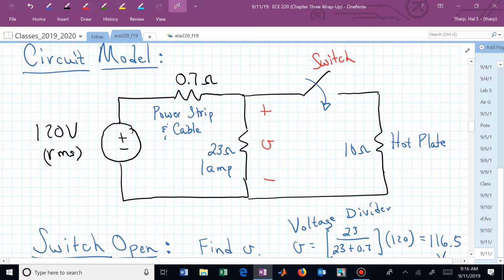But we could also say, if V is now less, what's the voltage drop across that power strip and cable when the switch is open versus when it's closed? We have a larger voltage drop across that power strip or wire when the switch is closed. So if there's a larger voltage drop, what's the current like in that resistor?